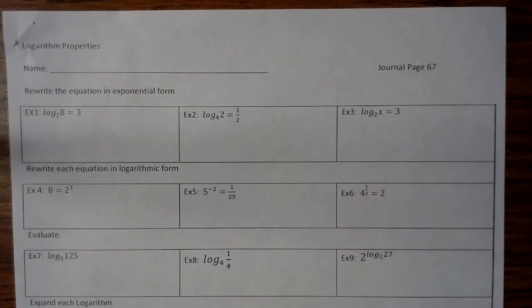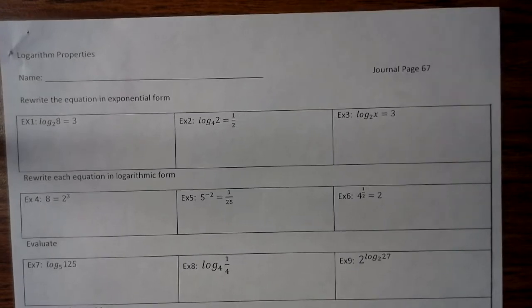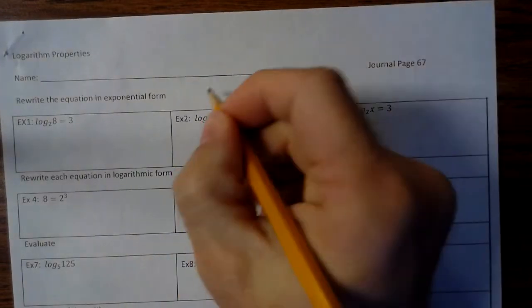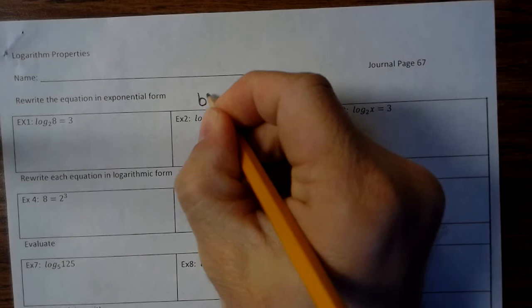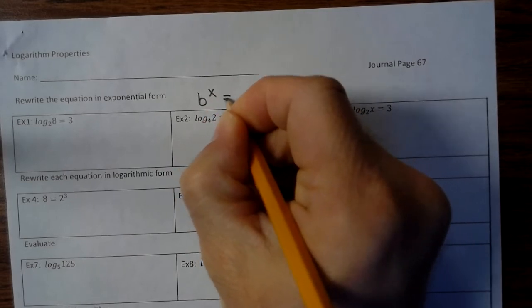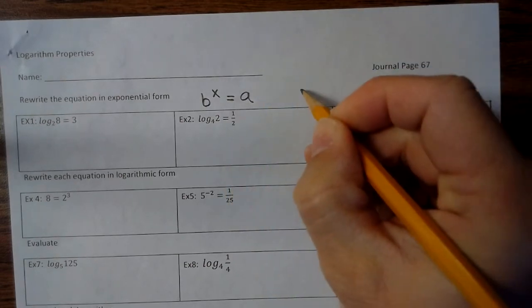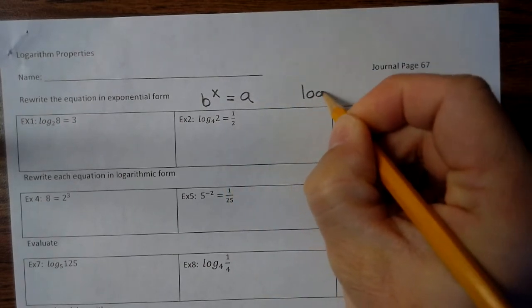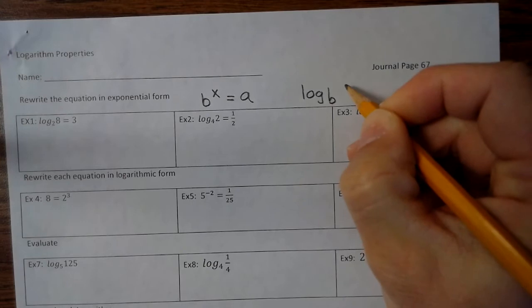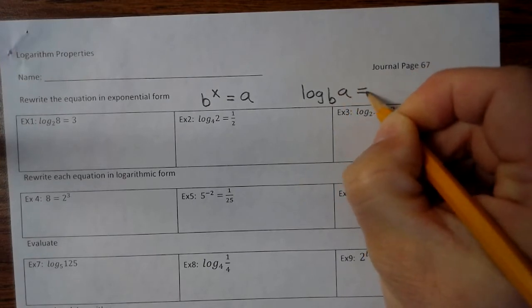Rewrite the equation in exponential form. Okay, so what we probably want to do is write this up. So this is exponential form, b to the x equals a, and log base b of a equals x.